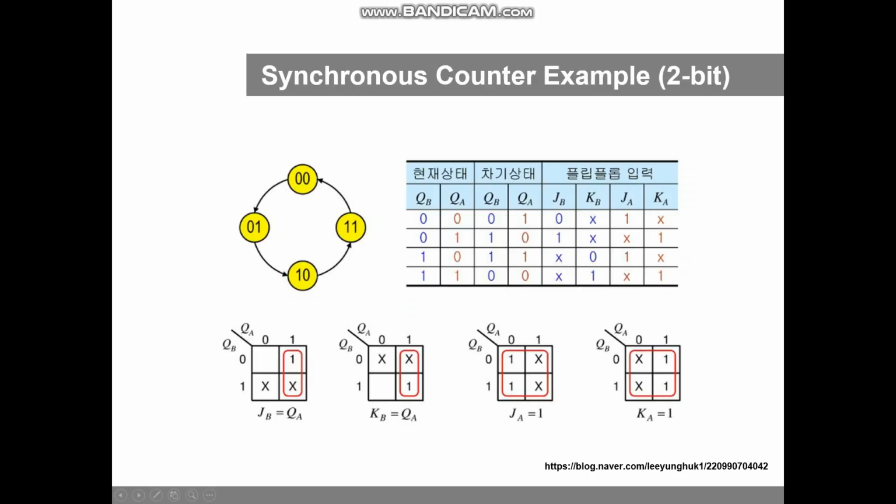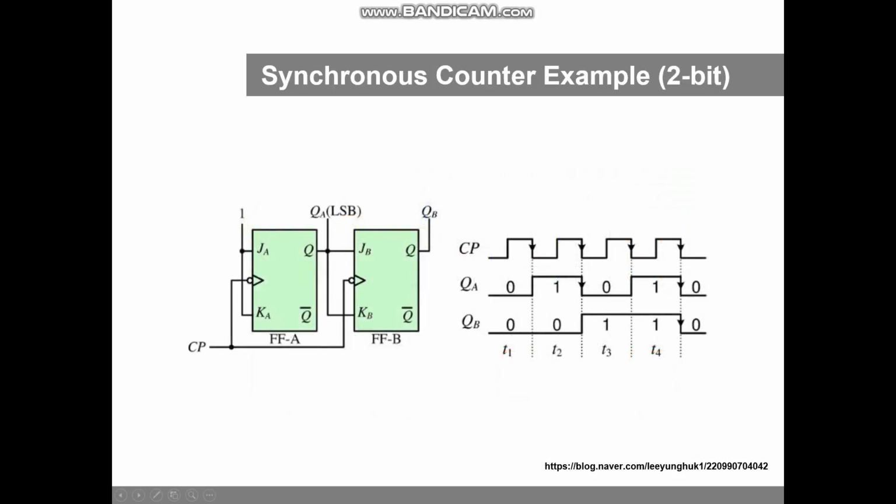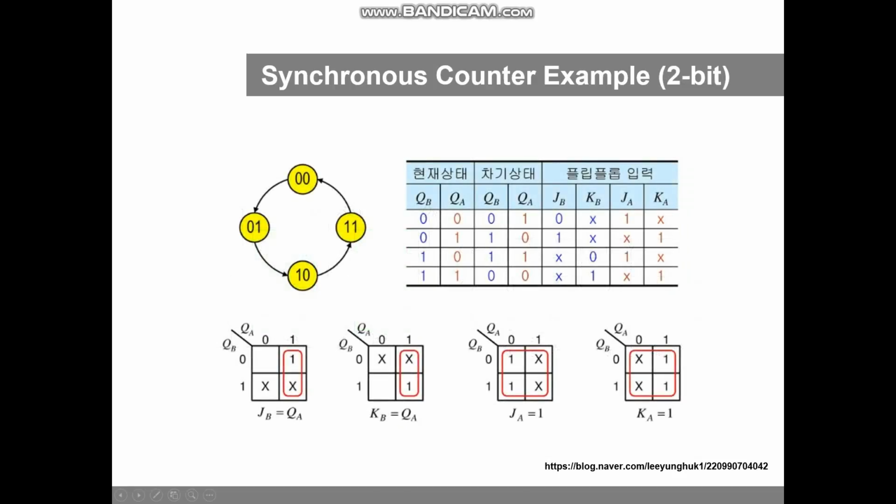And by using this formula, you can sketch two flip-flops and the connections like this. JA and KA equal 1, and JB and KB equal QA.